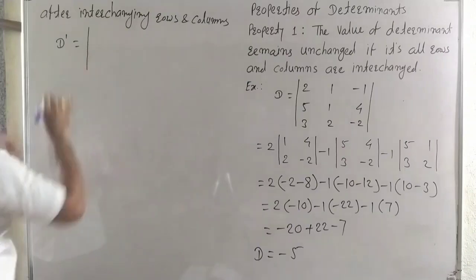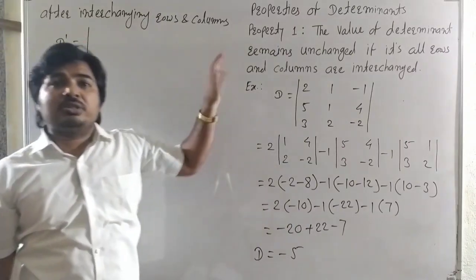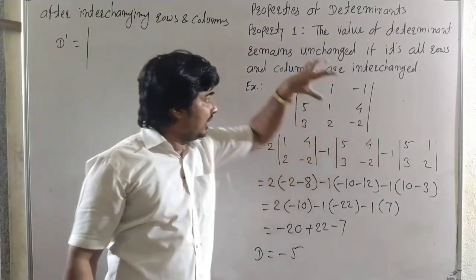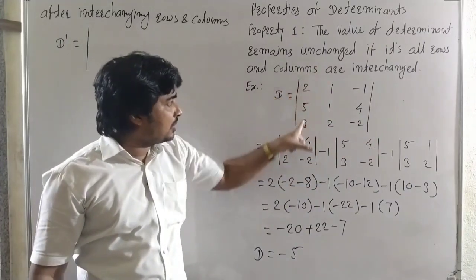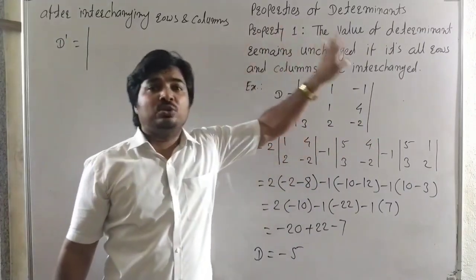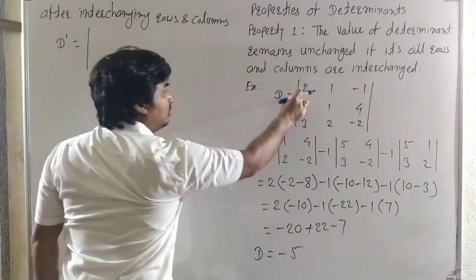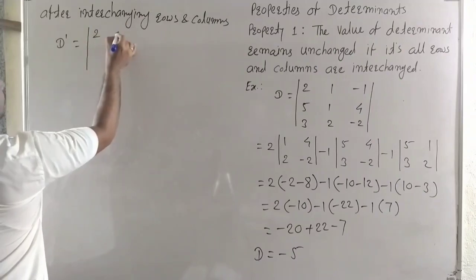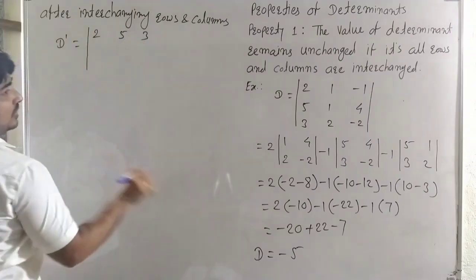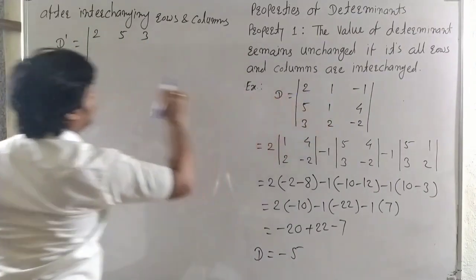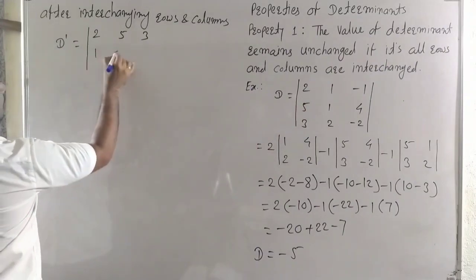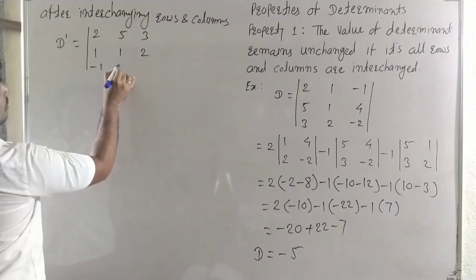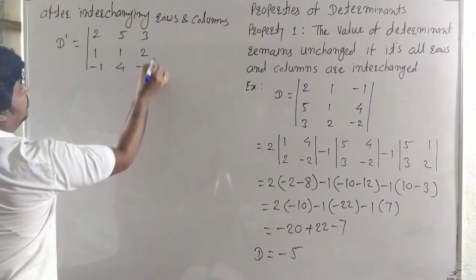We can write: rows turn into columns and columns turn into rows. Here it is the first row, second row and third row. In this determinant, the first column turns into a row. First column is 2, 5, 3, so we write in the row 2, 5, 3. Second column 1, 1, 2, we write in the second row 1, 1 and 2. And then last -1, 4 and -2.